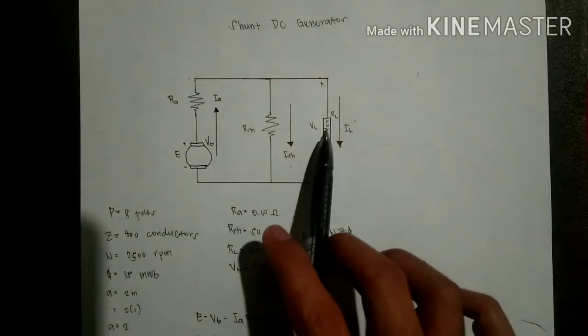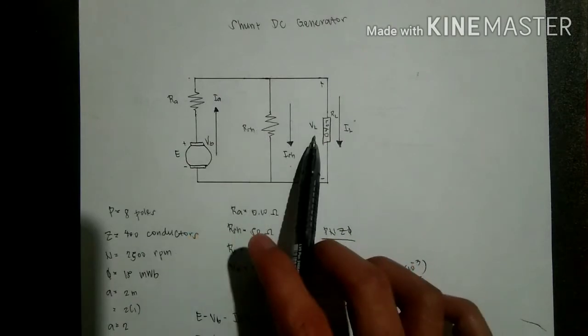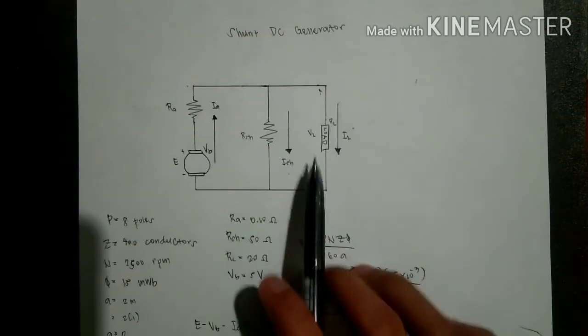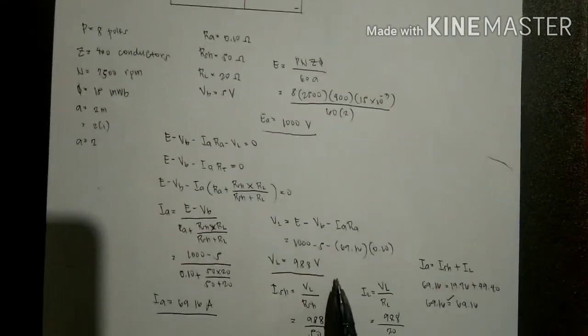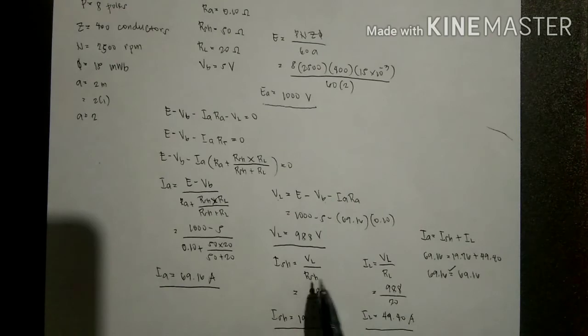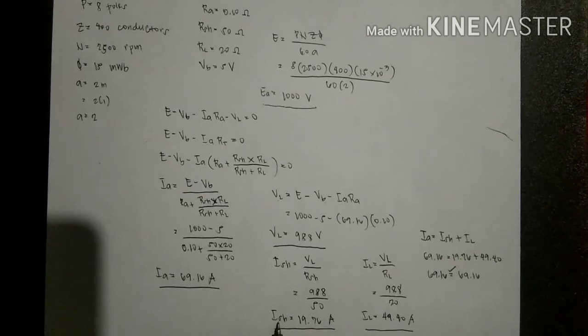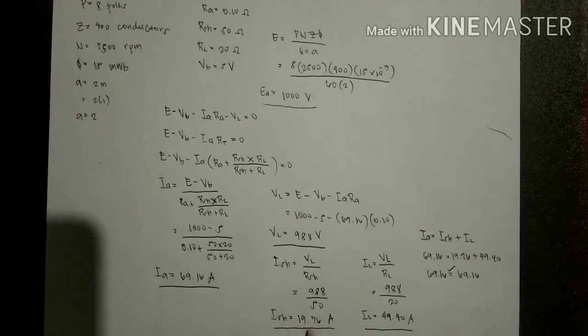Since the voltage here is equal to the voltage here, we use VL in the formula. So ISH is equal to VL over RSH, 988 over 50. Now the value of our shunt current is 19.76 amperes.